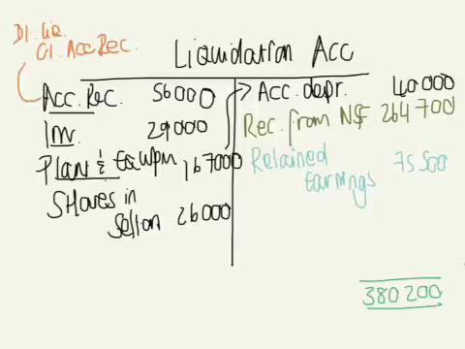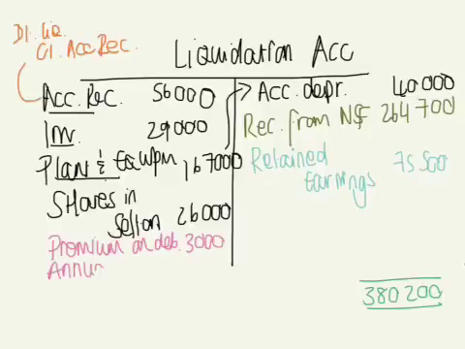Unrecorded liabilities were the premium on the debentures of 3,000, the annual leave payable of 16,200 and the liquidation costs of 5,000.